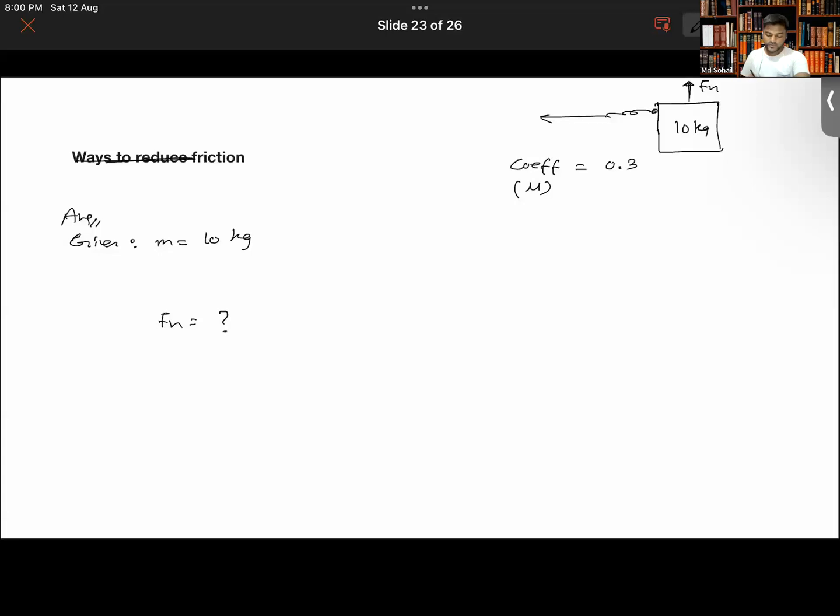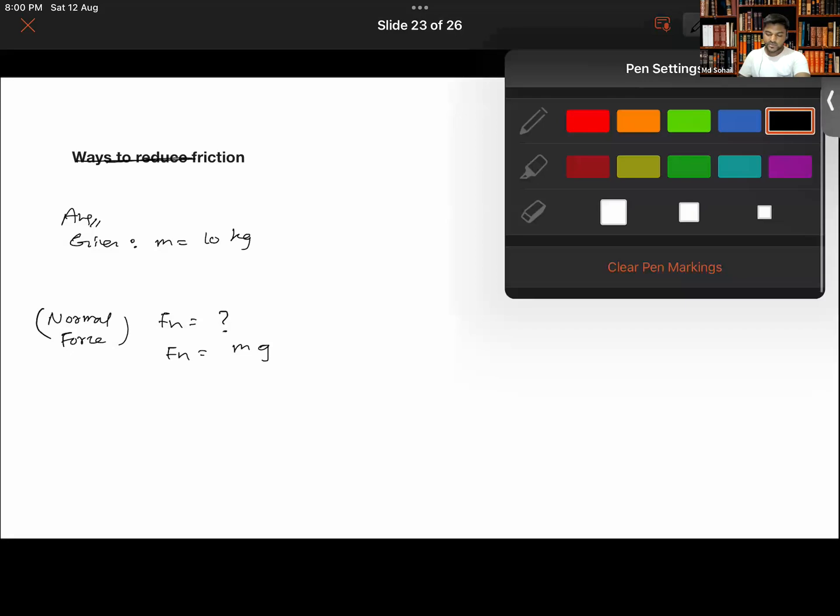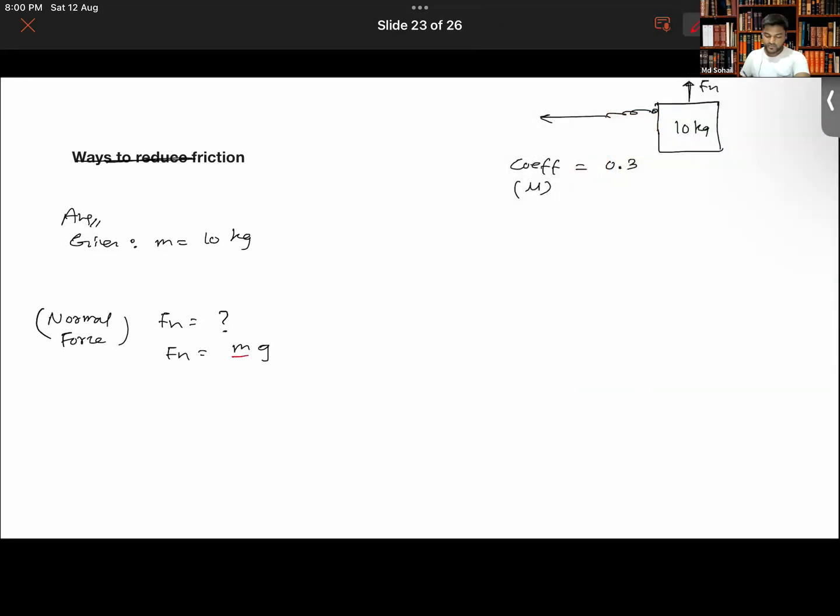So Fn is equal to what? That is the question here. Let me write it over here. Normal force, no? So we know F1 equals M into G. On the values given here, M is given, G we know.